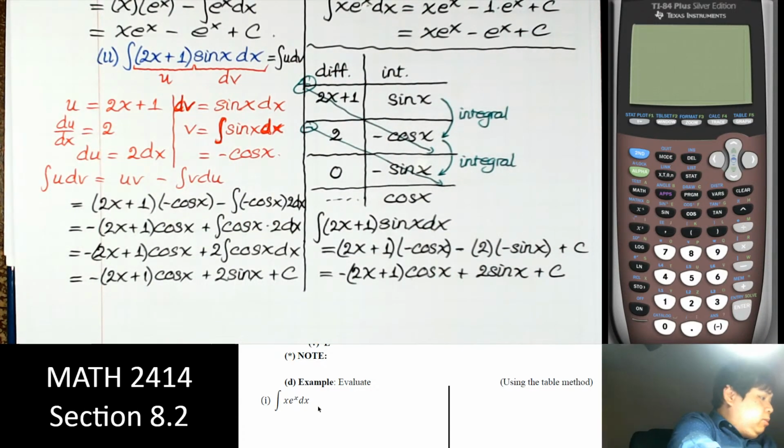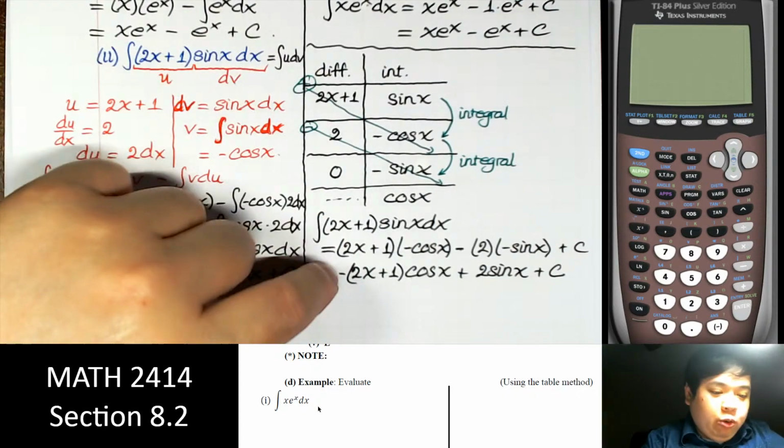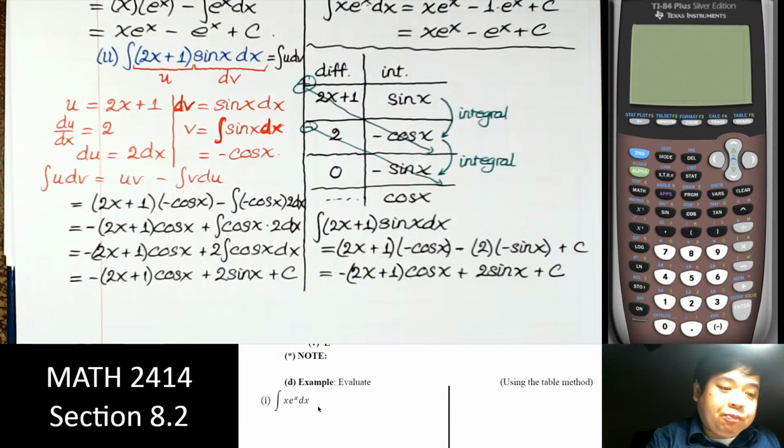We have 2 rows, 1 row for derivative and 1 row for integral.